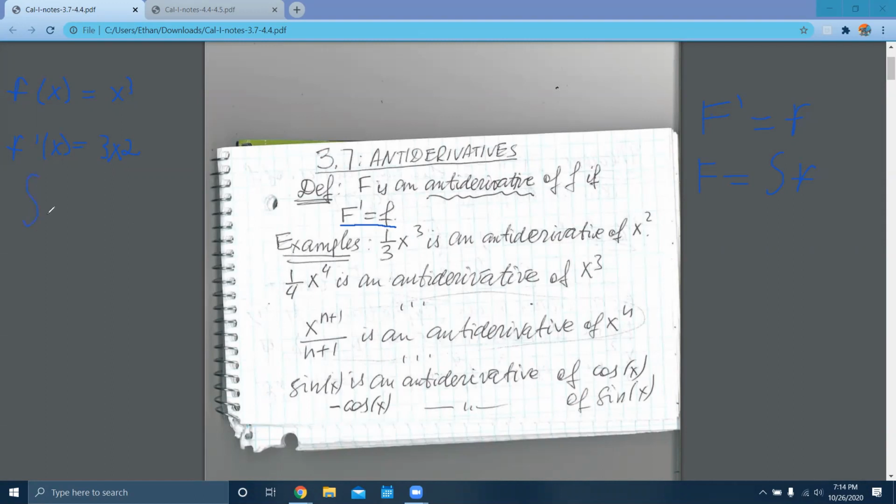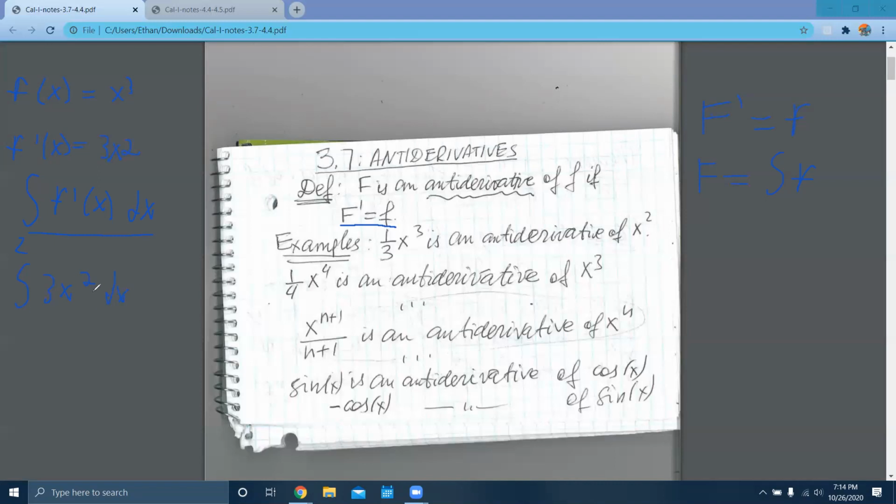This is the symbol for antiderivative right here, a really big S. This means antiderivative, and we're going to say f prime of x dx. This is the notation you're more likely to see on the test. So let's say we want to find the antiderivative of 3x squared dx.